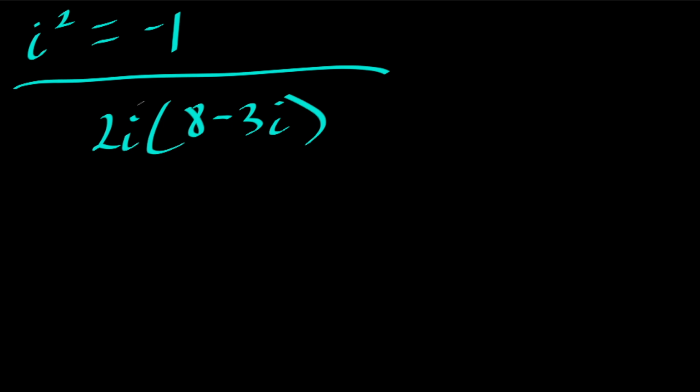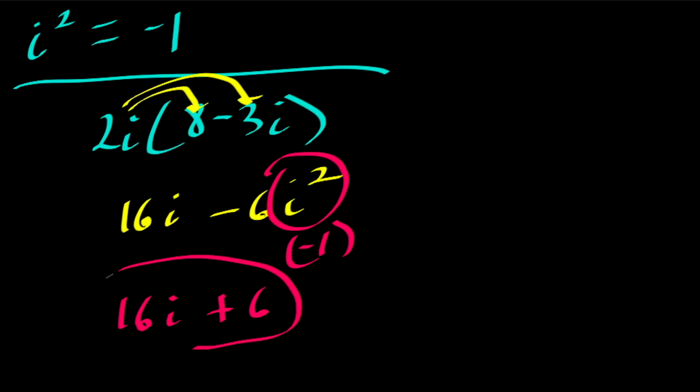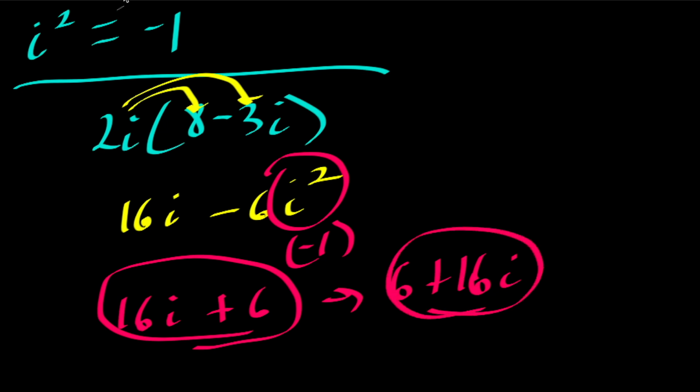If we were to multiply this, we're just going to distribute. 2i times 8 is 16i, minus 2 times 3 is 6, i times i is i squared, and then we can take the extra step of replacing this i squared with negative 1. So we can say 16i minus 6 times negative 1, which is just going to give us plus 6. And there would be my answer. You could also rewrite it as 6 plus 16i, but it's all the same.